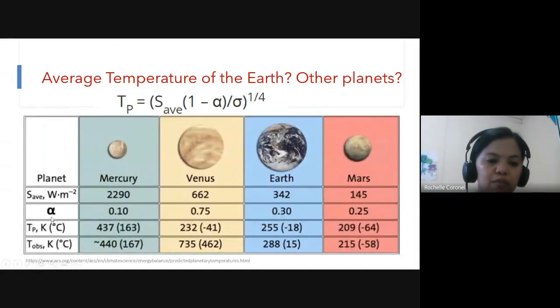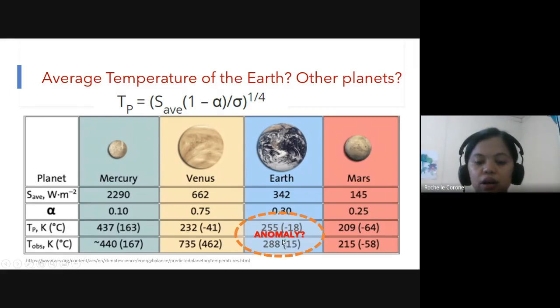You can see the respective temperature in Kelvin and in degrees Celsius, and the alpha basically represents the albedo effect of the surface of these planets. And notice the TP, which is calculated from the Stefan-Boltzmann law, while the T observed is observed using instruments.